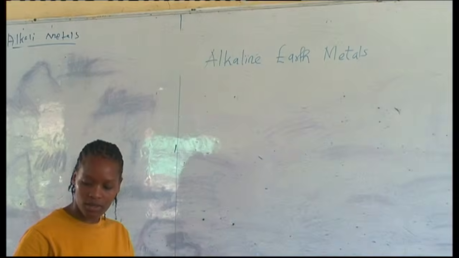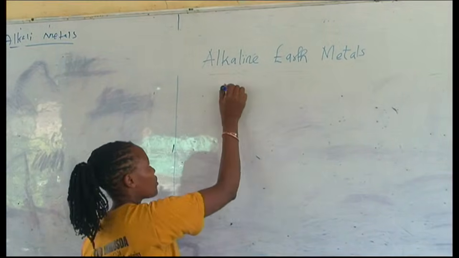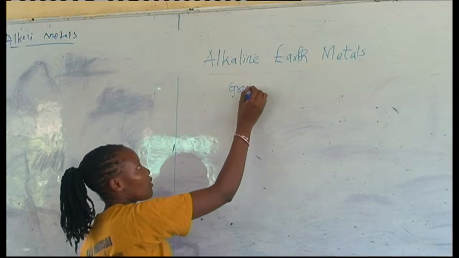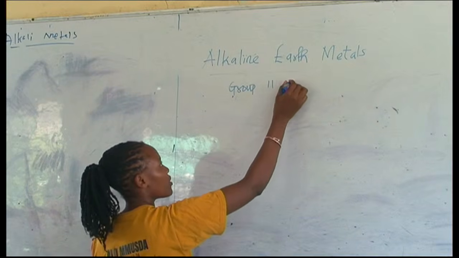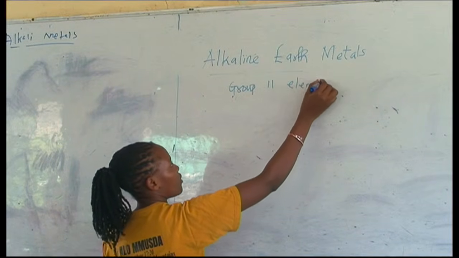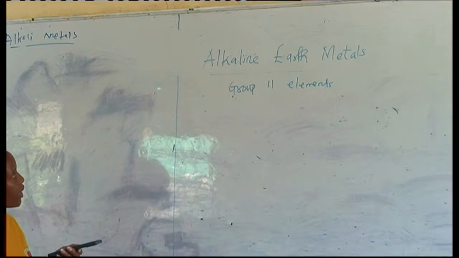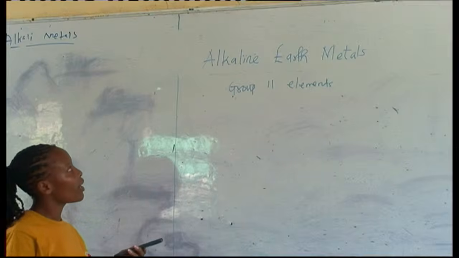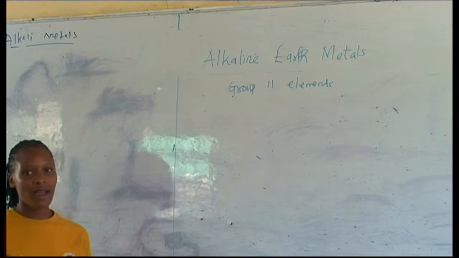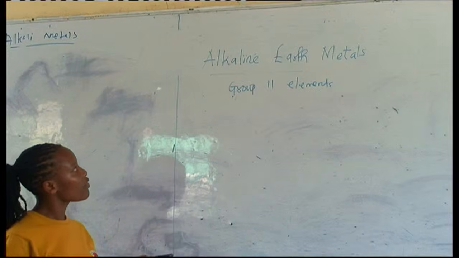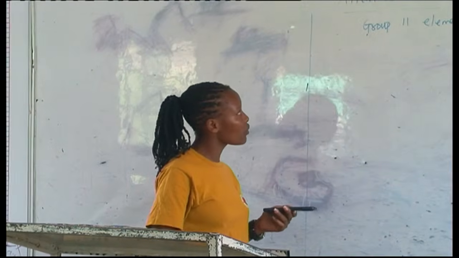And a brief introduction. Alkaline earth metals are group 2 elements, or rather, elements found in group 2 of the periodic table. They are called alkaline earth metals because when they form their oxides and hydroxides, they form basic or alkaline solutions when dissolved in water.